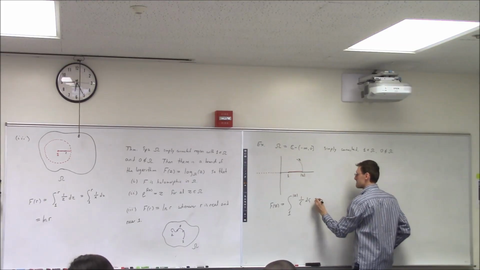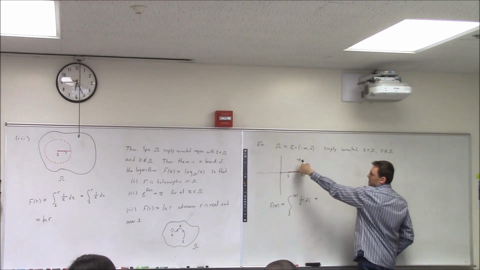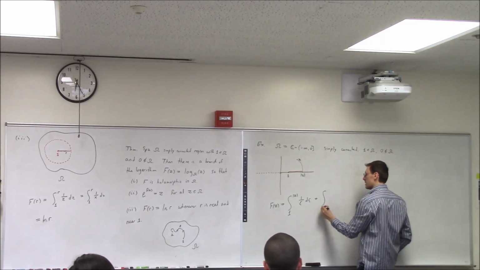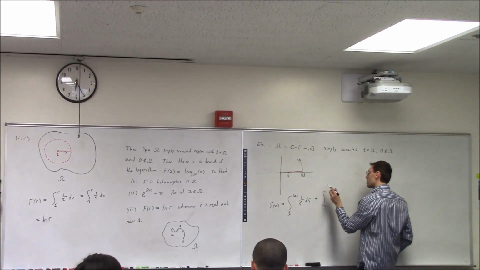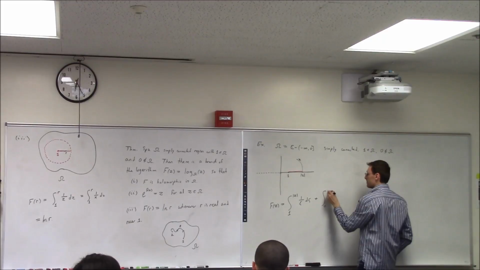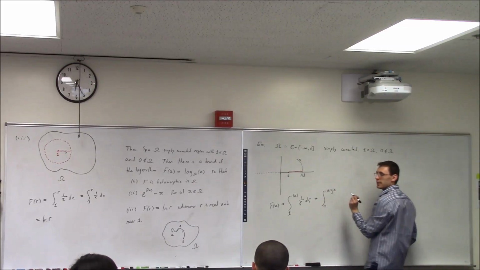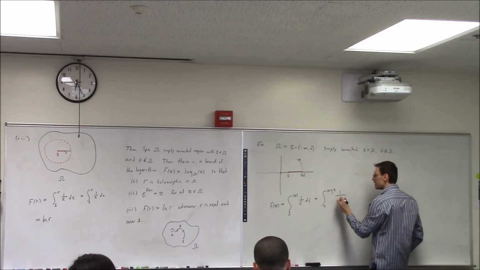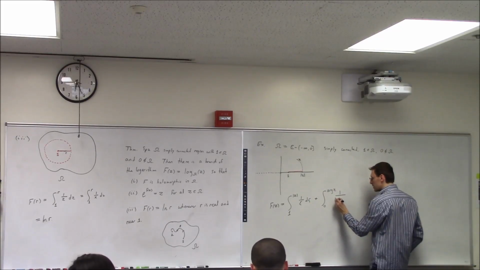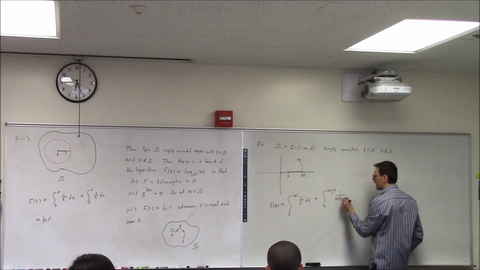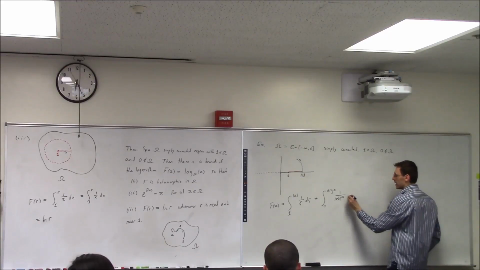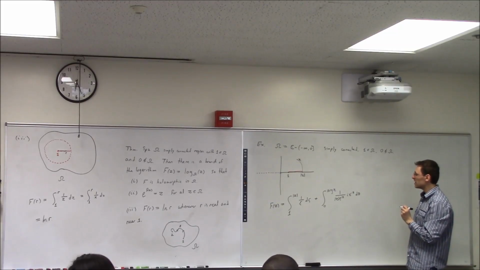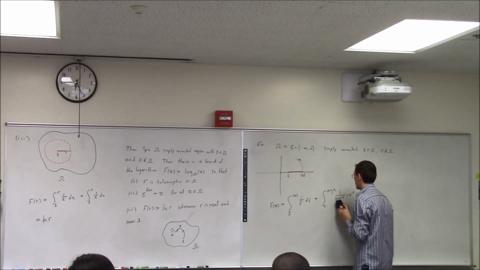Plus, we can parameterize this arc. This is the argument of z, so this arc is parameterized as the integral from 0 to the argument of z of 1 over absolute value of z times e to the i theta, times i times absolute value of z times e to the i theta d theta.